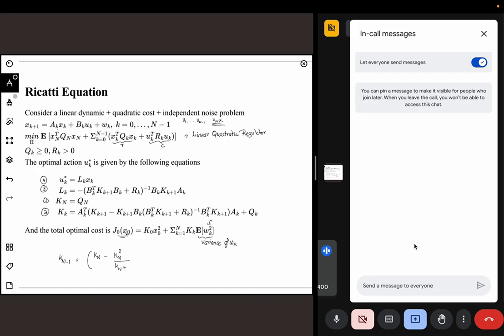In our case, q and r both are 1. So this turns out to be kn times kn by kn plus 1 plus 1.